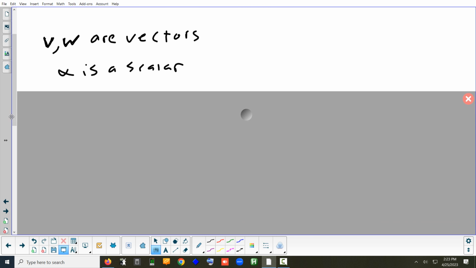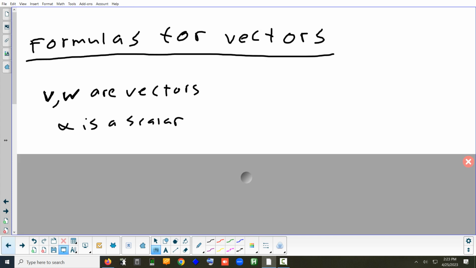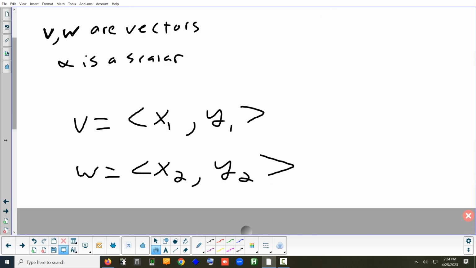Now, when we do an actual problem like this one, I'm going to give you numbers for the 2 vectors. So I'm going to tell you what they are. For the formulas, I'm just going to leave it kind of generic. So the first vector has a horizontal and a vertical component. And the second vector also has a horizontal and a vertical.